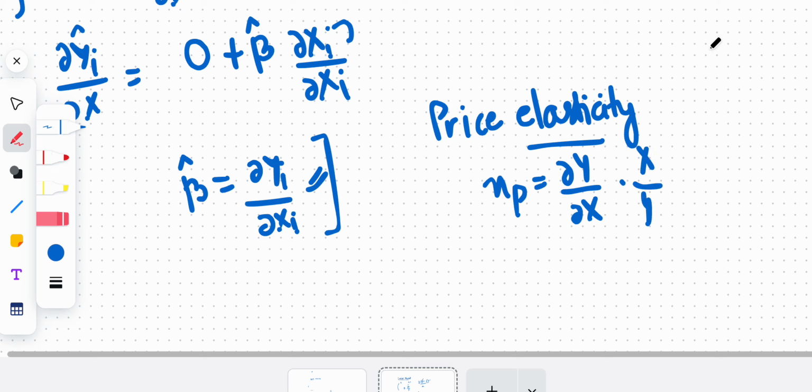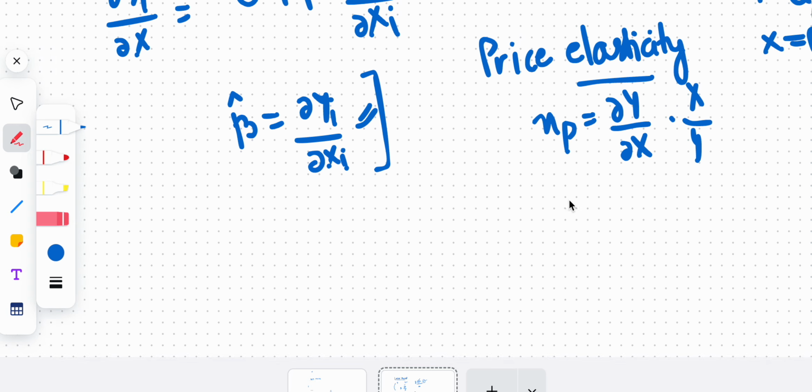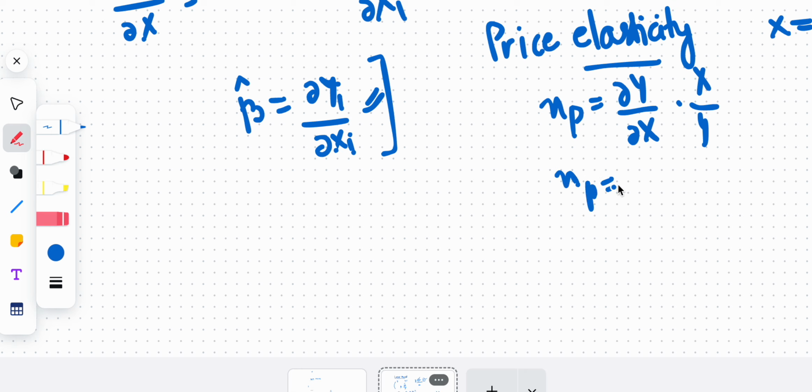Here y would be my quantity demanded, x would be my price, right? So my NP can also be written as beta x/y. So this would be some sort of interpretation of this.